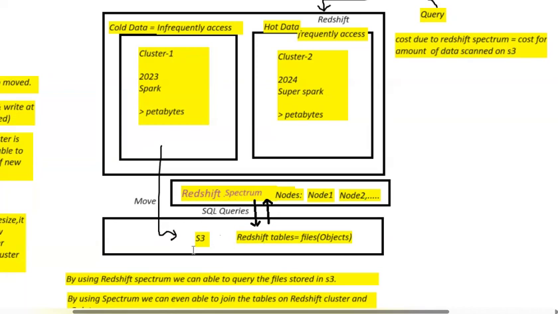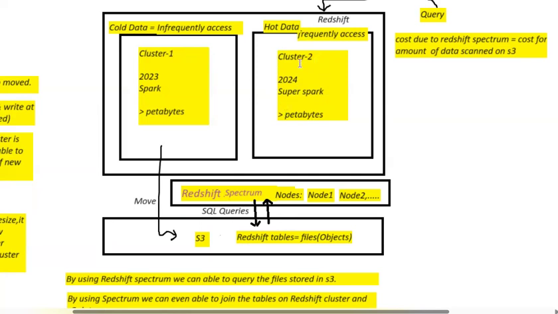Use S3 as cold storage, that is, infrequently accessed data storage only. Because if we store hot data in S3 and use Redshift Spectrum, then it costs you more compared to the Redshift cluster.